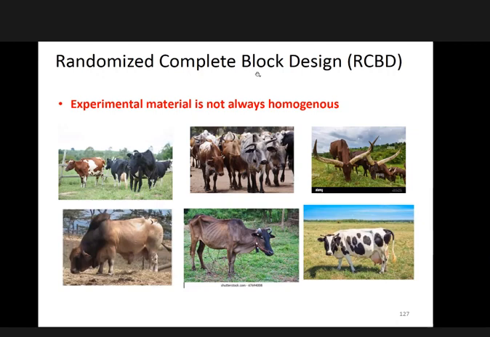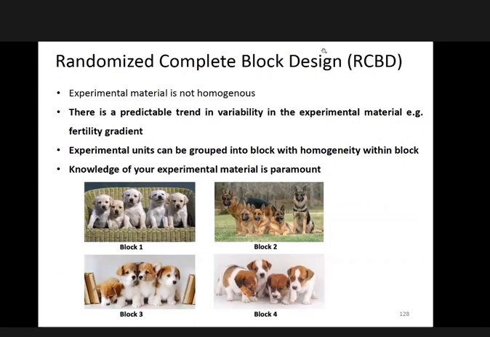The other day we defined blocking as grouping of experimental units together such that within the group there is uniformity and between the groups there are some differences. So here the experimental material has a predictable trend in variability.